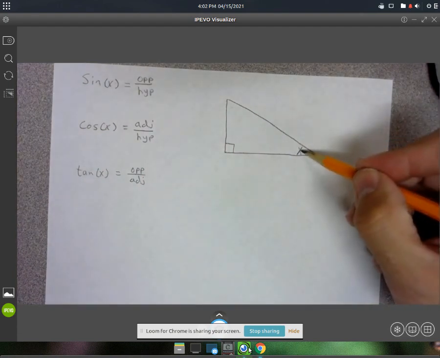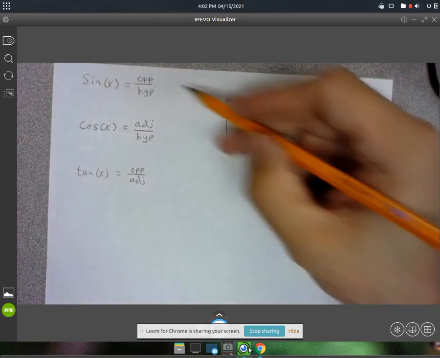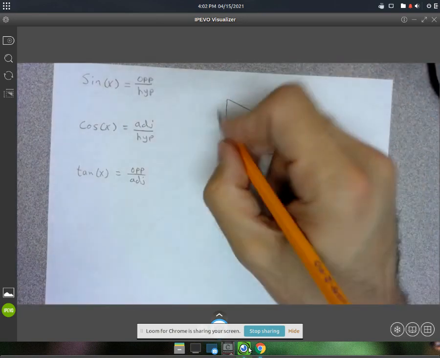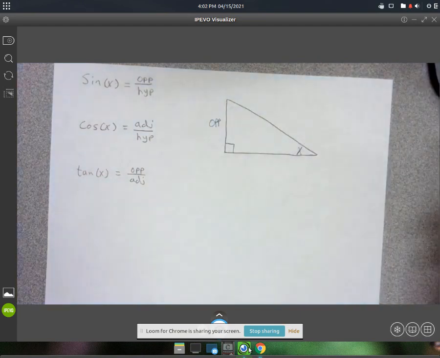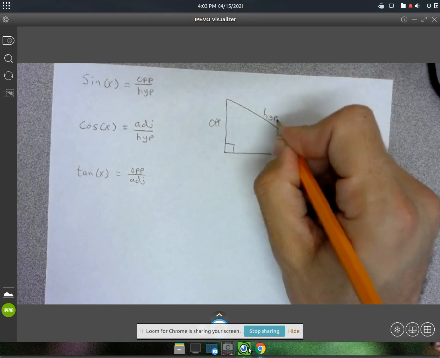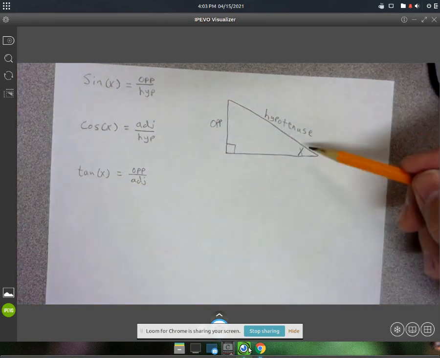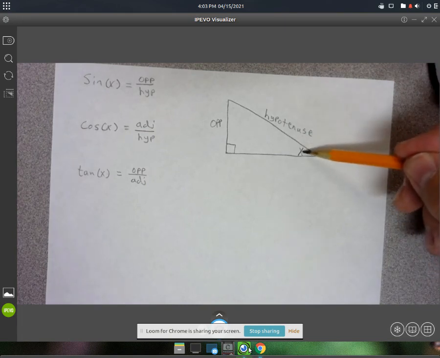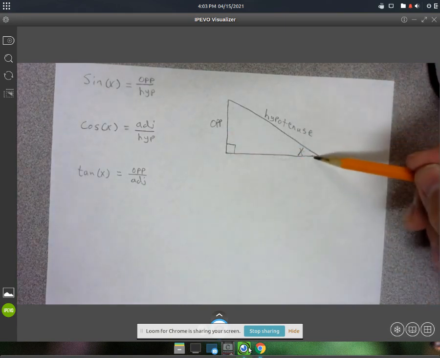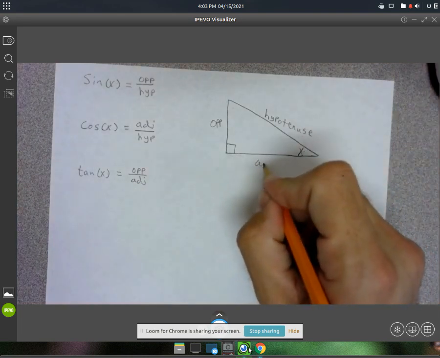So if this is my x, my angle, then the side opposite x would be this one right here. Opposite. And the hypotenuse is obviously the longest side in the right triangle. From this perspective, this would be the side adjacent to the angle x.